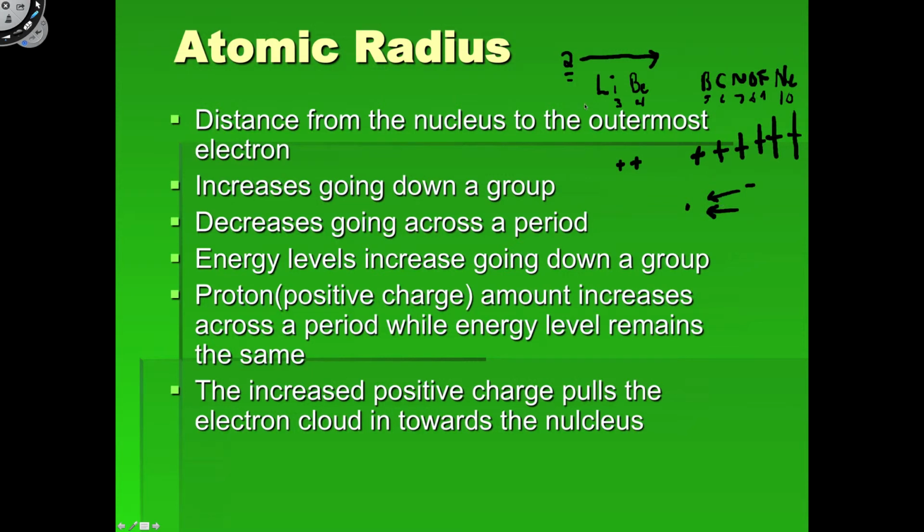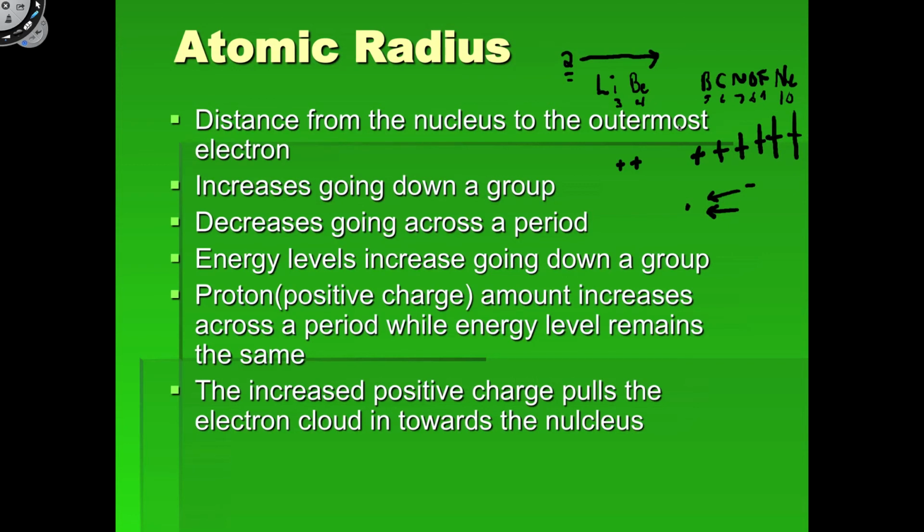So as you go from left to right, the atomic radius of an atom increases. Excuse me, say that again. As you go from left to right, the atomic radius of an atom decreases because the proton value, the positive value of the nucleus, is getting more and more as you add more protons.